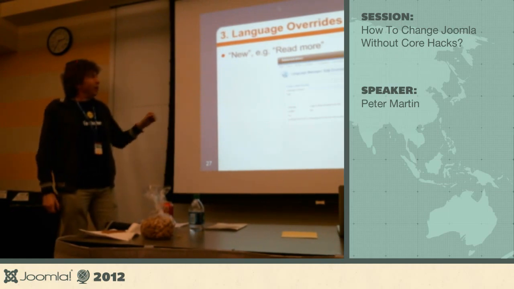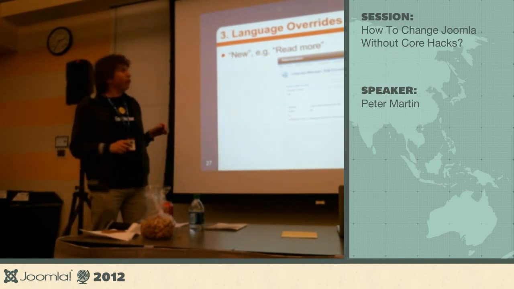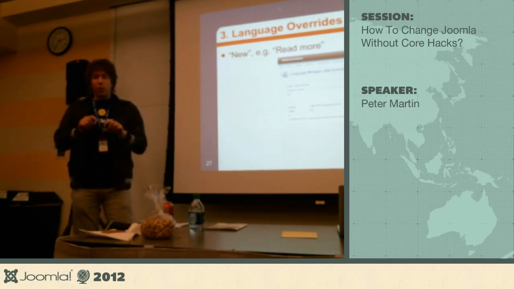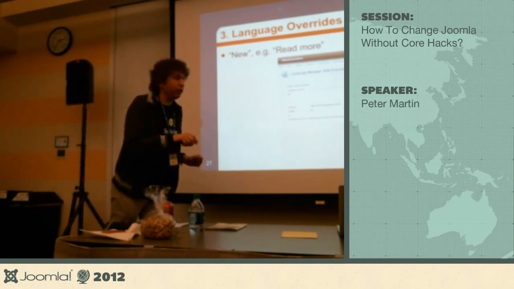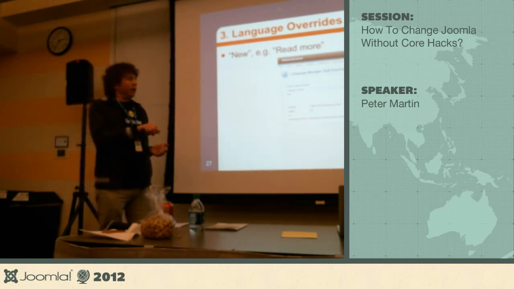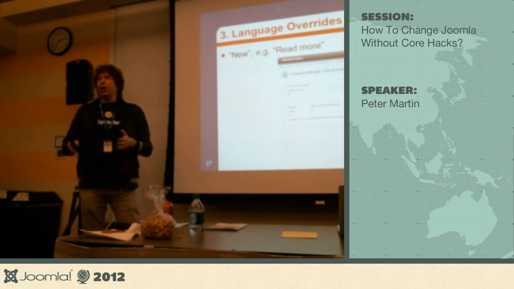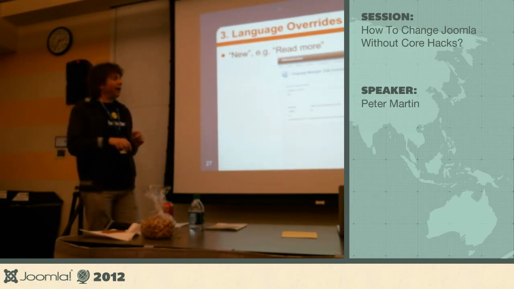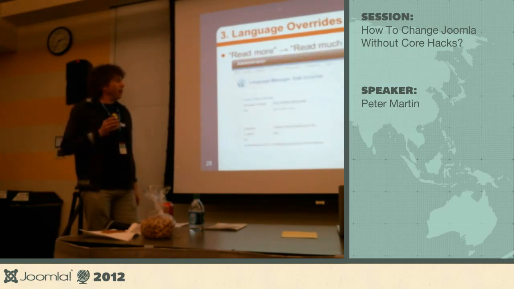So, what I did was, I went to the override manager, new, and here on the right side, I said "read more", and I said it's a value, but you can also look for constants. And then at the bottom, you have a whole list of things that have the string "read more" in it. I selected one, and it just said "read much more".